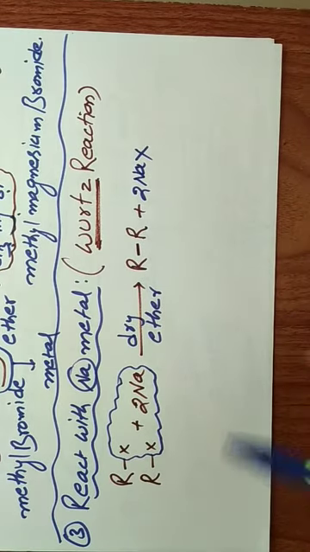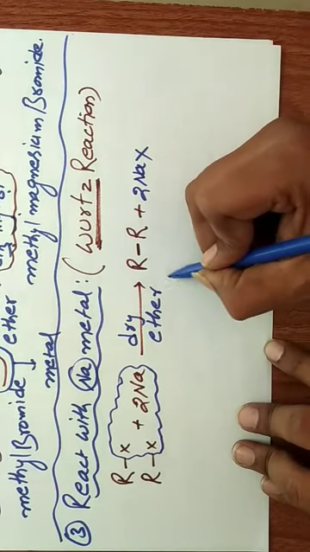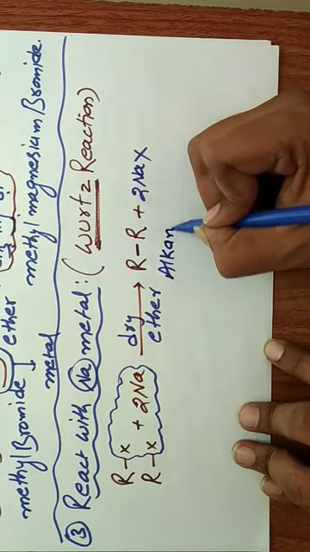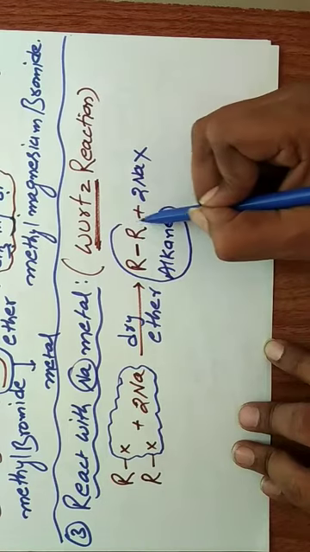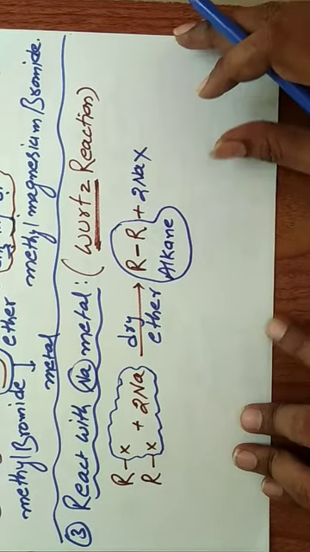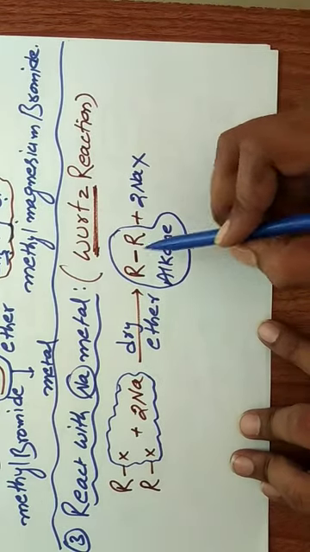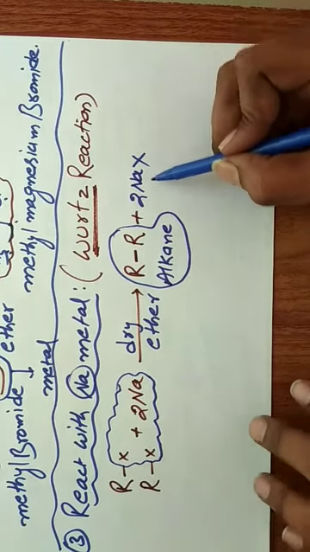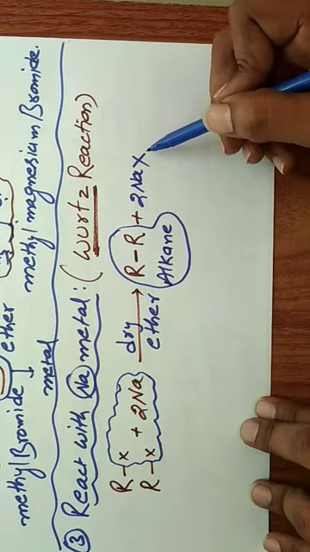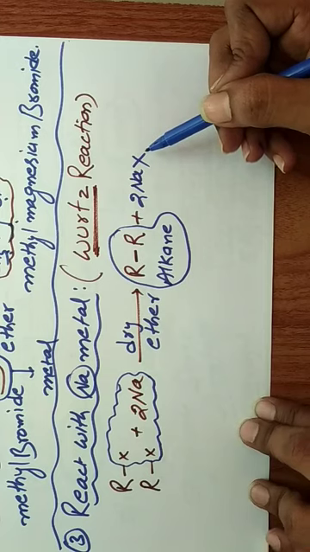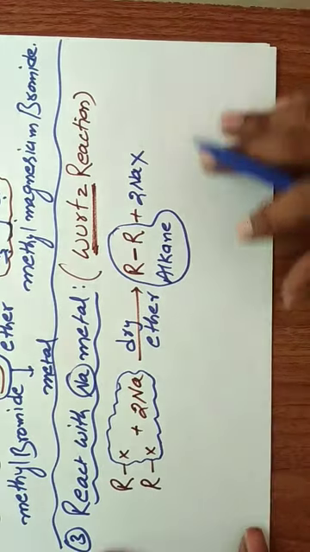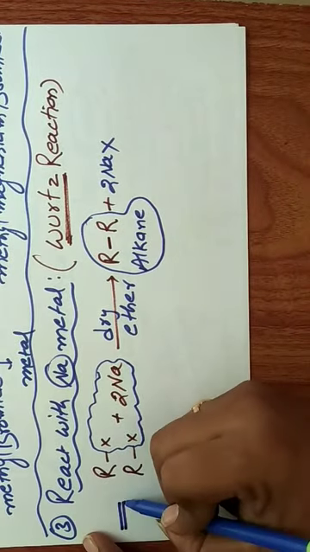What is the name of R bond R? That is alkane. R bond R means alkane. NaX means NaCl, NaBr, like this, sodium halides. This is the general reaction.